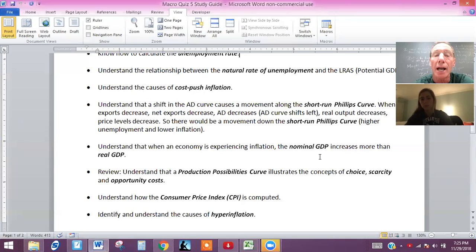So when you see a higher increase in nominal GDP than in real GDP for the same year, you know that there was inflation, because the only way the nominal GDP can be higher than the real is if price levels are higher. Okay.